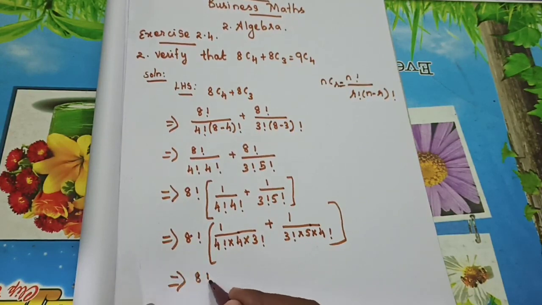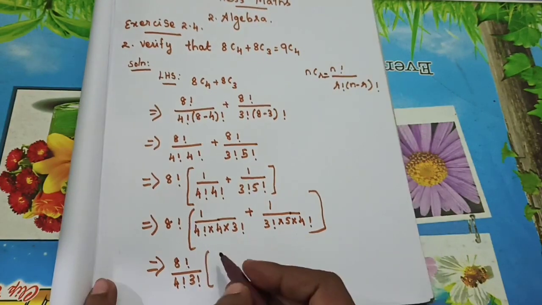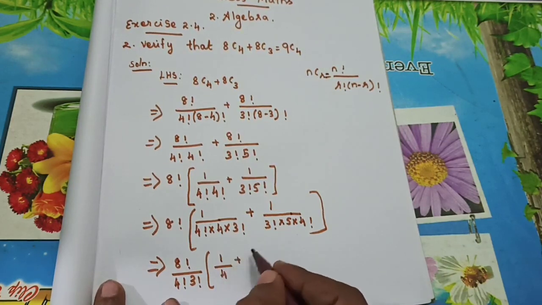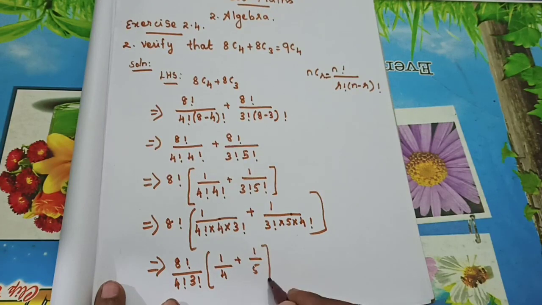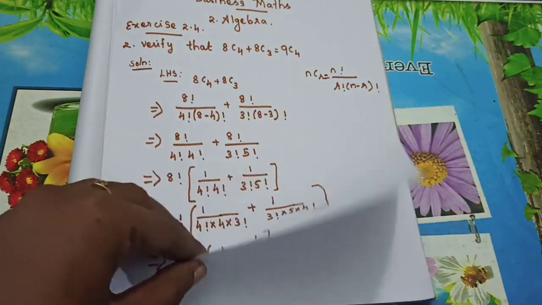So 8 factorial divided by denominator 4 factorial and 3 factorial common. What's the balance? 1 by 4 plus 1 by 5. Got it?